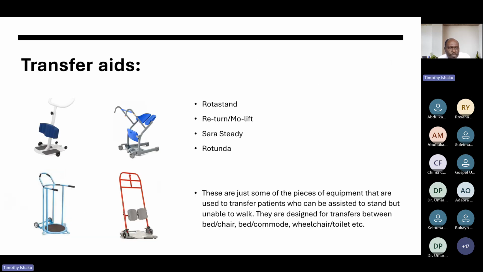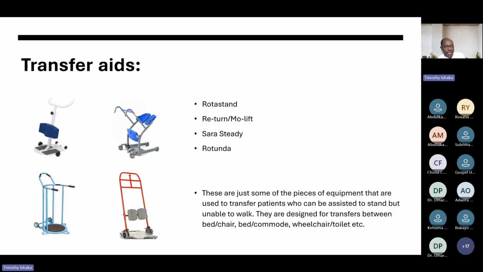And let me come back to my equipment. In summary, if you want to summarize those equipment, these are called transfer aids. The first one with the blue in between with the white bar, not the two blue dots that we looked at earlier, is the one that will be available for the practical training for those that will be around. It is called a Rotastand, and it's used for transferring the patient.